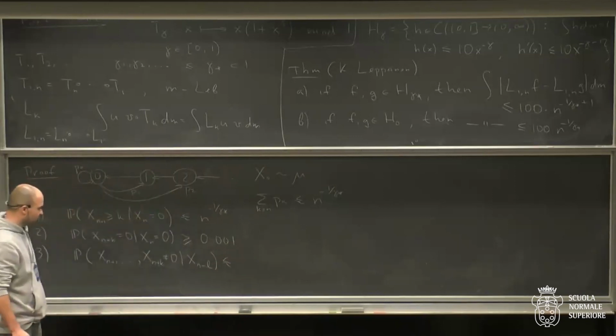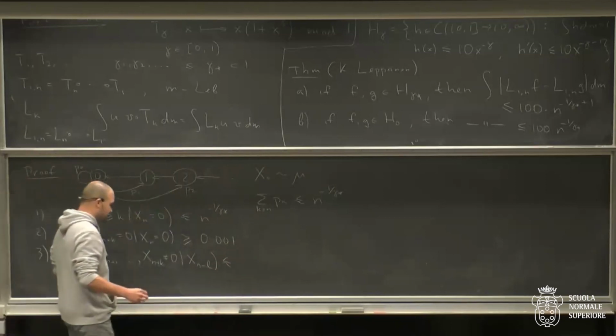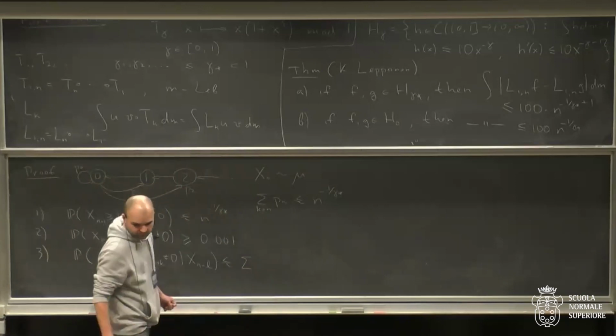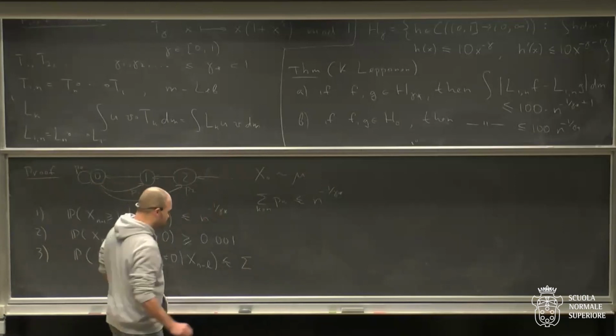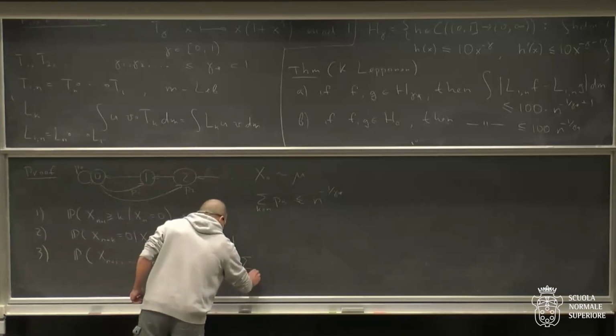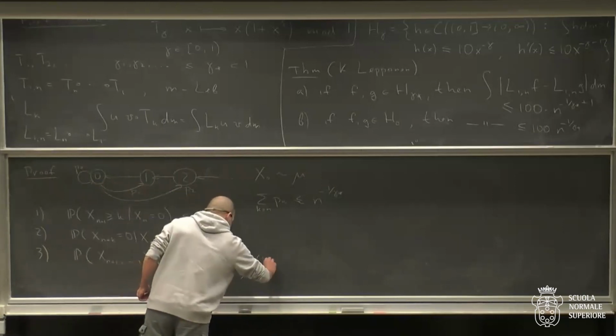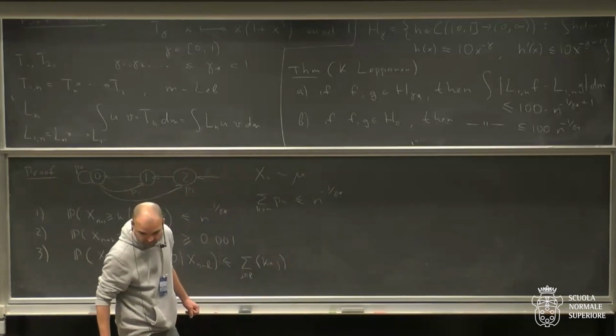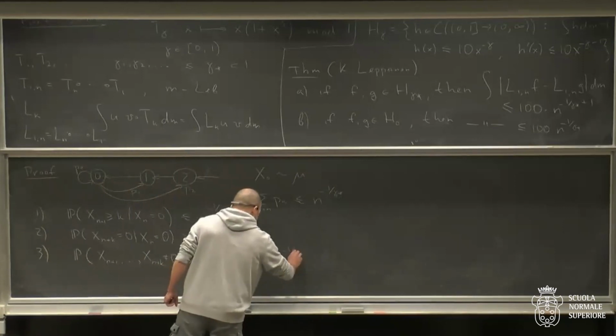You can show this is bounded by the sum over j of k plus j to minus 1 over gamma star.